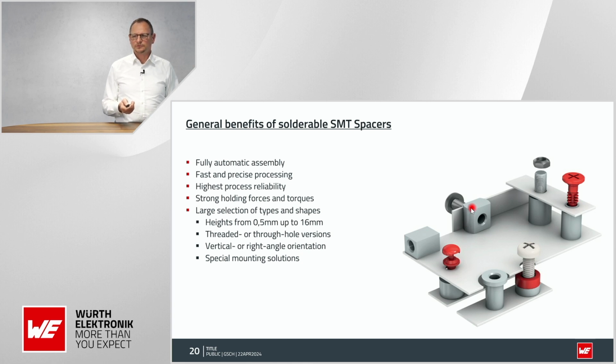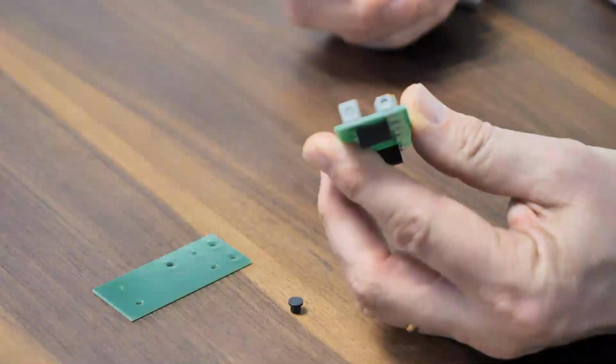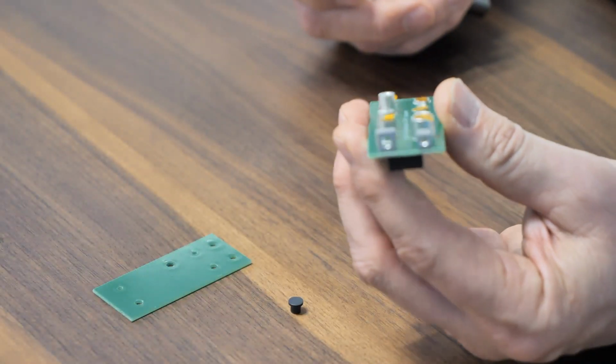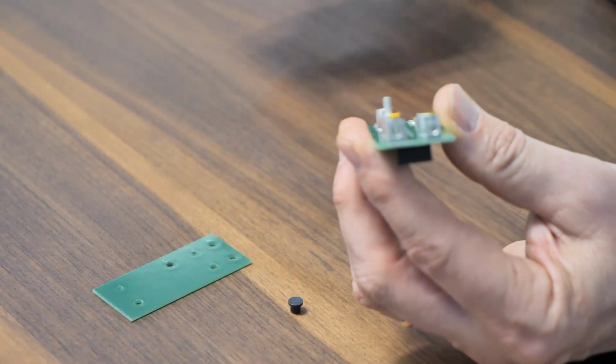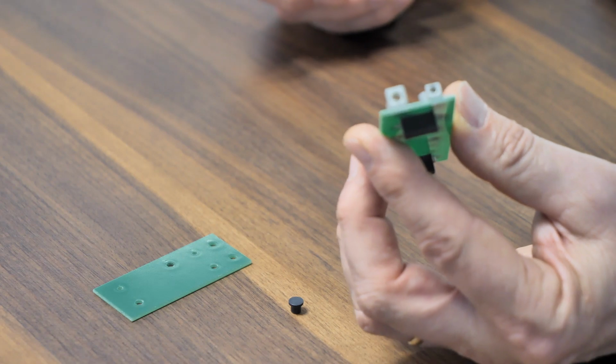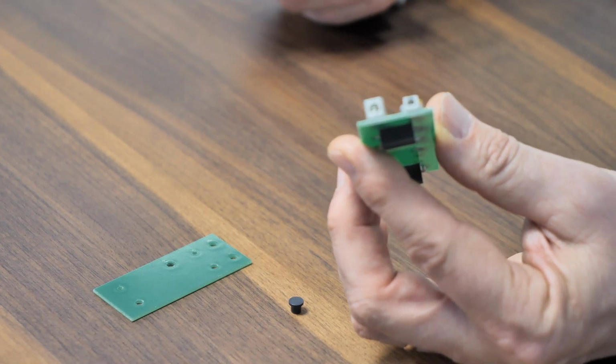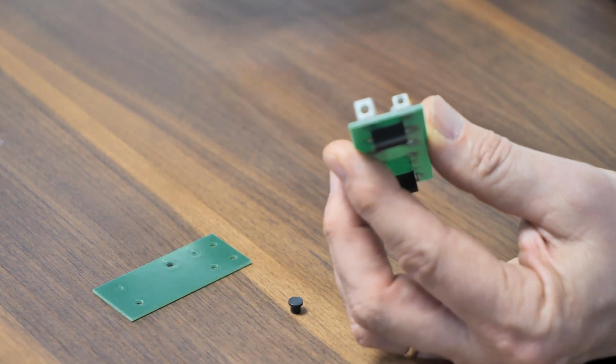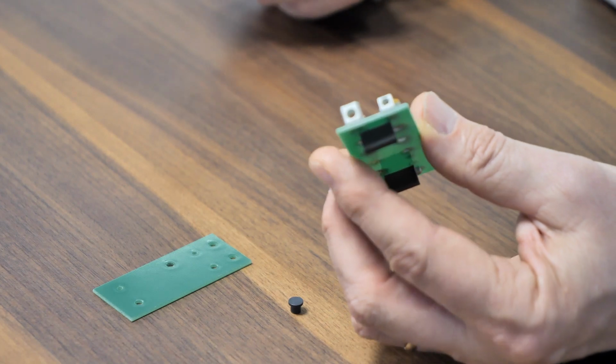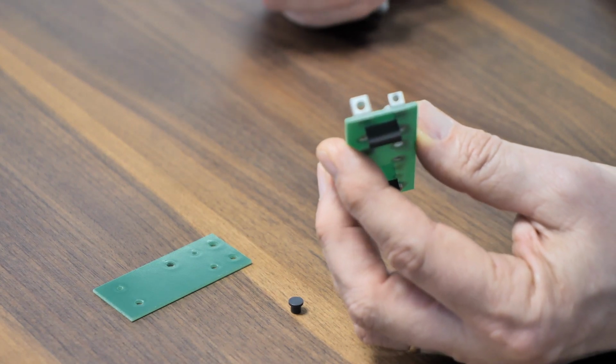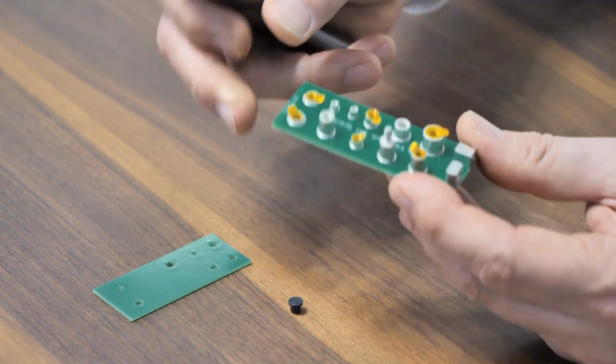We also have the right angle types here. We have two different types of right angled. Hope we can see them here. Pretty good. They have slightly different dimensions, and they come with an M2, M2.5, M3 hole, or with a thread inside. It's the same thing here.